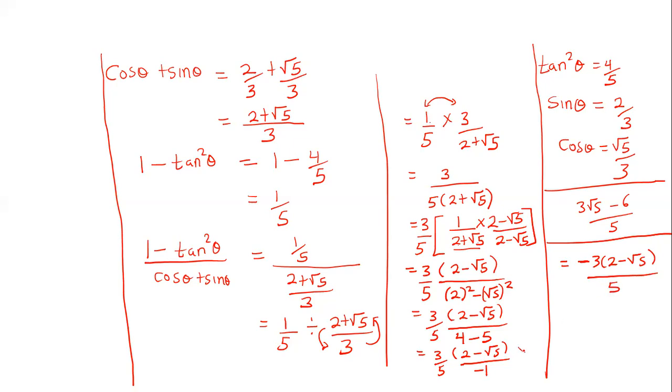I'm multiplying a negative up, I'm multiplying a negative down, so negative times negative, you get a positive. This negative 1 will multiply the 3. So this will yield negative 3 times 2, which is negative 6, and negative 3 times negative root of 5, which is plus 3 root of 5, out of 5. Now I can arrange and write it as 3 root of 5 minus 6 out of 5, like what the question wants.